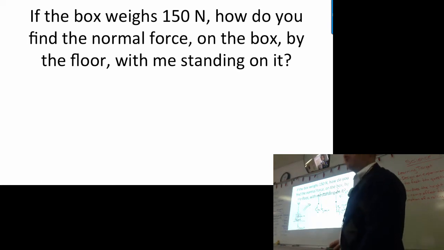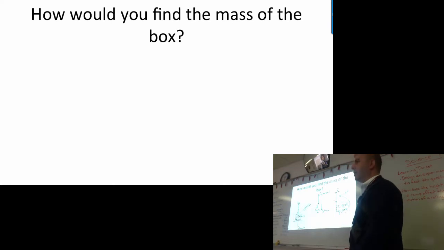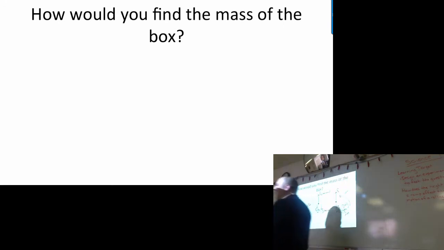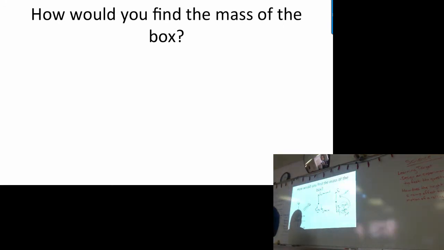One last question before we do some of these together. How would you find the mass of the box if it has a weight of 150 newtons? And don't say weigh it. How do you find the mass of the box? Remember, weight equals mass times acceleration, or mass times little g.